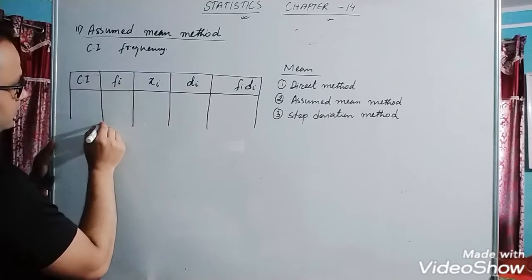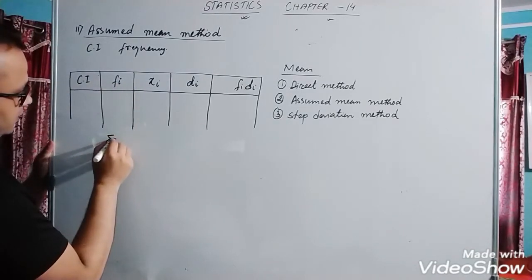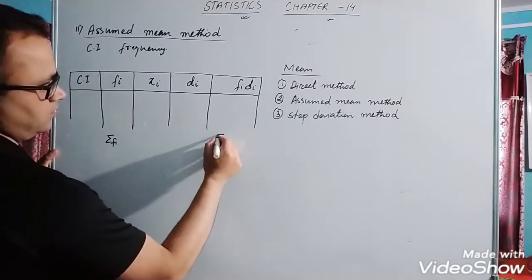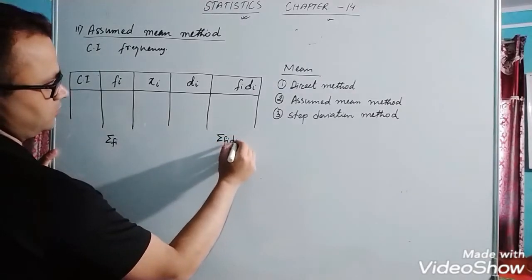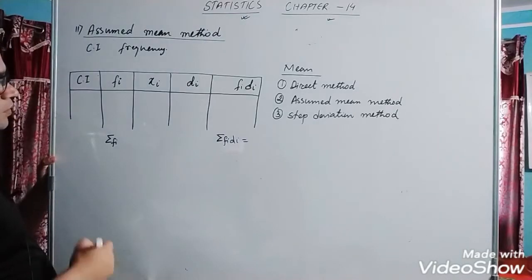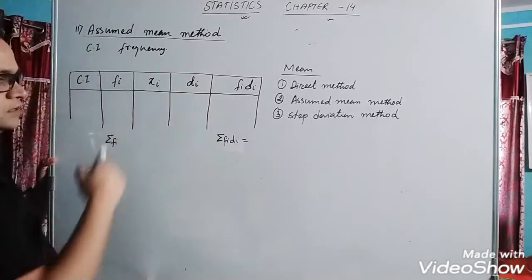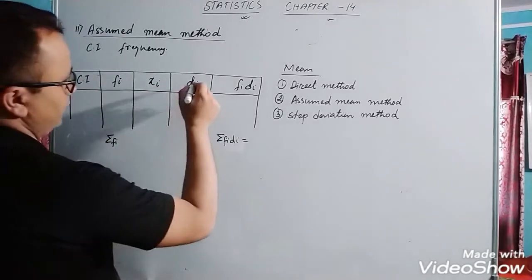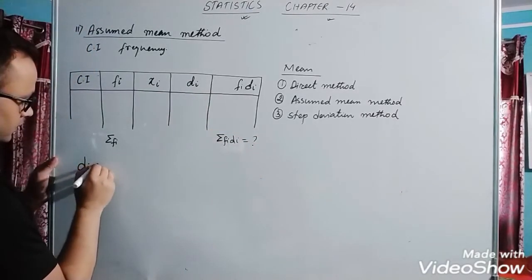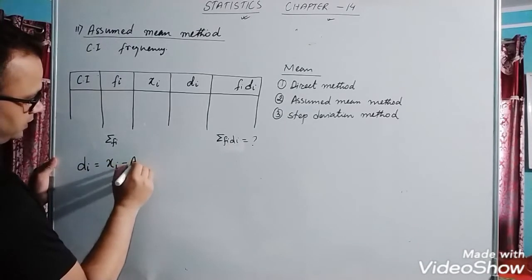At last, we calculate summation fi, that means the sum of frequencies. Here at last we calculate summation fi di, the sum of the product of frequencies and the deviation. Di is the deviation. So what is di? Di is xi minus a. What is a?